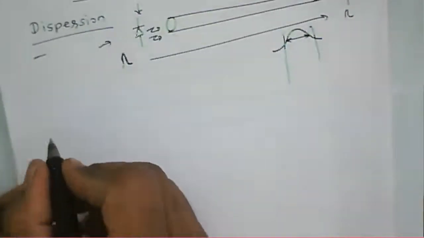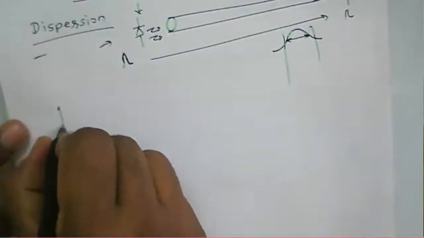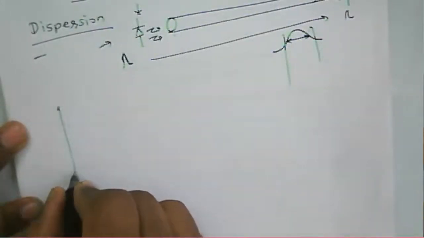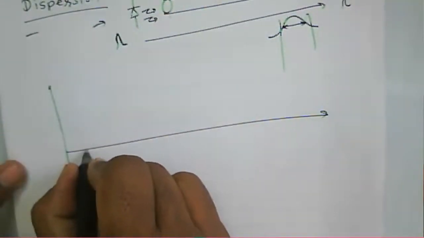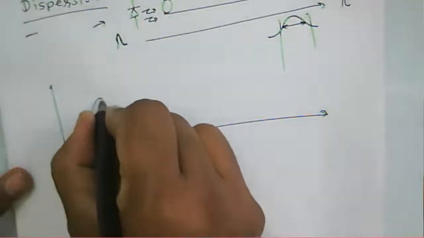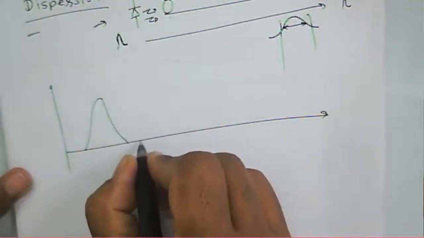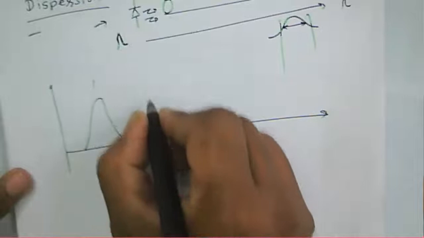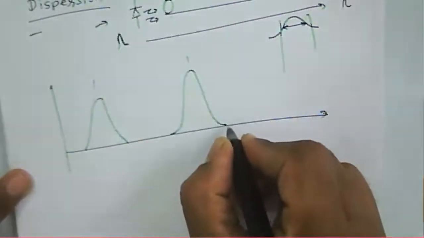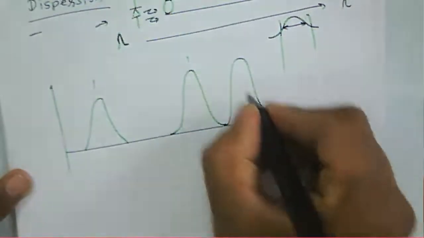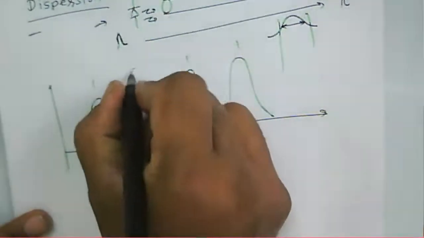So if you consider the signal, with pulses of a signal, here it is 1, then this is a 0, then another pulse is 1, and the next pulse is 1.